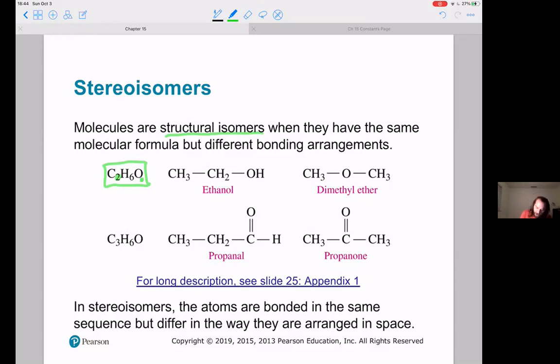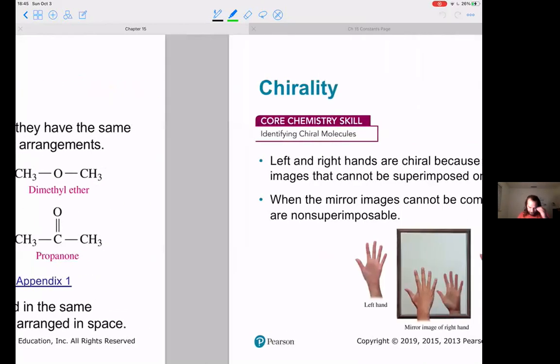Same thing with propanol and propanone, right? The connectivity of those atoms is different. One, the carbonyl carbon's on the end, the other one, it's in the middle. So that's a structural isomer. Stereoisomers are, again, when the atoms are all bonded together, but the way that they're arranged in space is different. So you can't superimpose them.